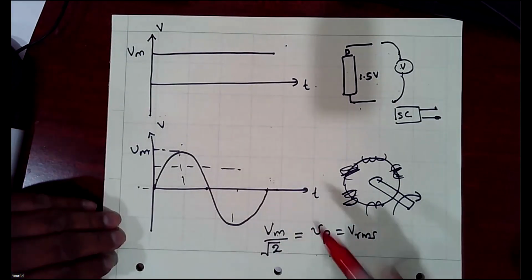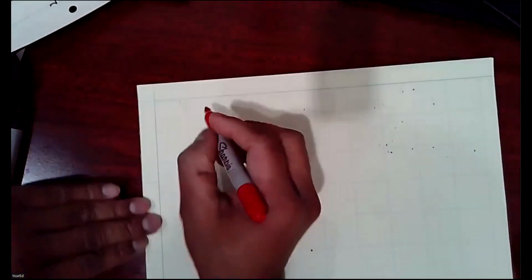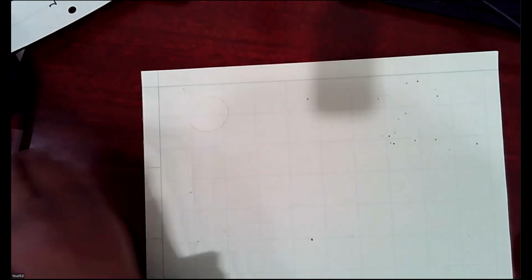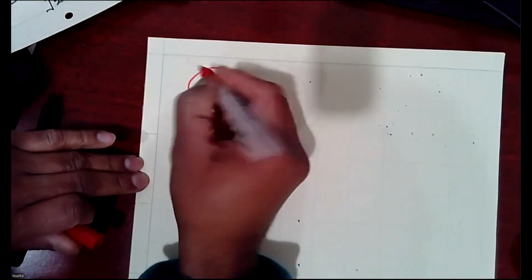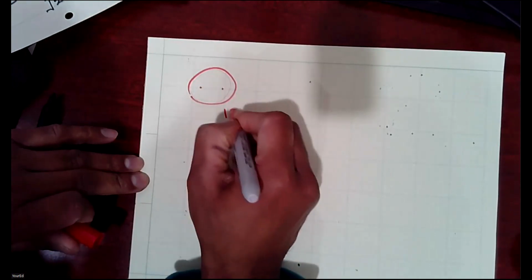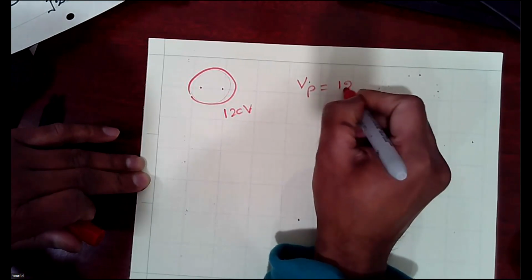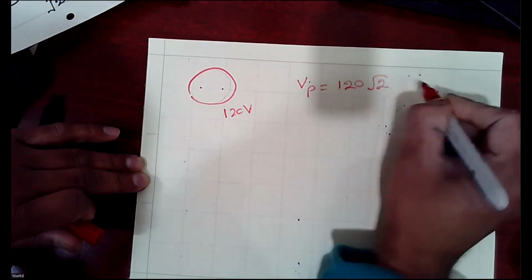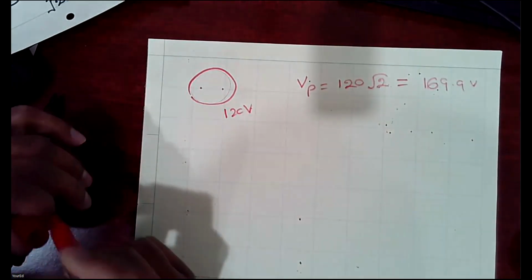Now, for an example, in your house, the wall socket has 120 volts. What does this 120 volts mean? The 120 volts you get is your RMS value. Therefore, your peak value for the voltage is 120 times √2, 169.9 volts.